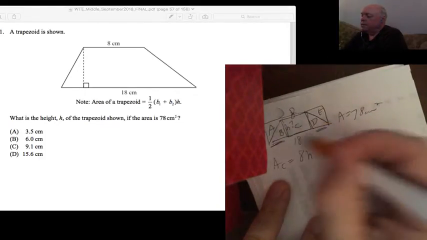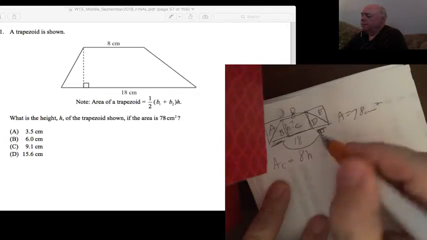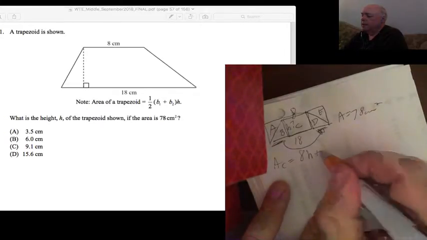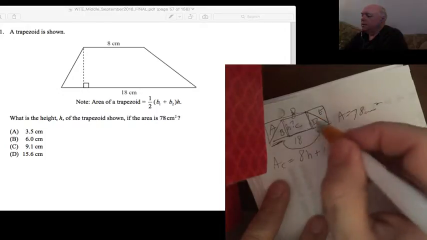So if we add 10 times the height, we're going to get the area of the whole thing. Problem is we only know the 78 part. We don't know the other part.